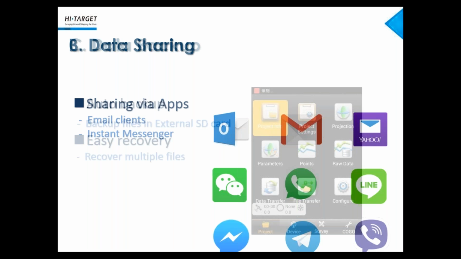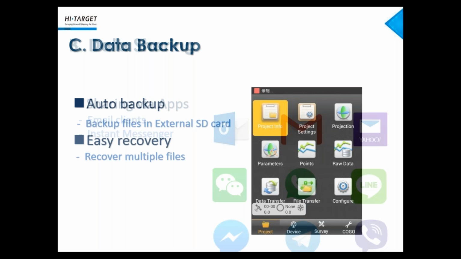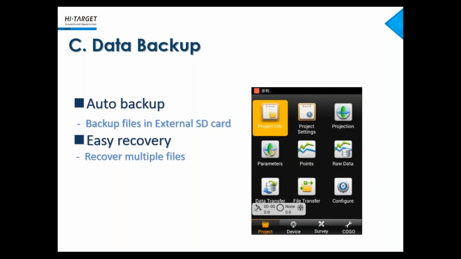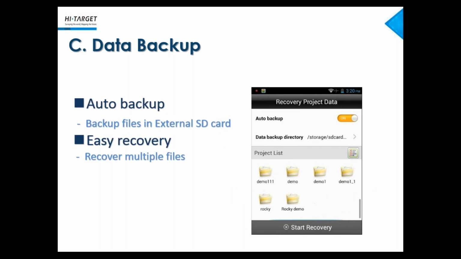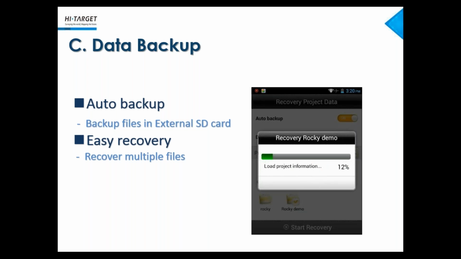And C is the data backup. For every project, when you create it, it will be automatically backed up in the external SD card. And you can easily recover multiple files, just like what the video is showing you. So you can recover the Rocky demo, then this one has been recovered.